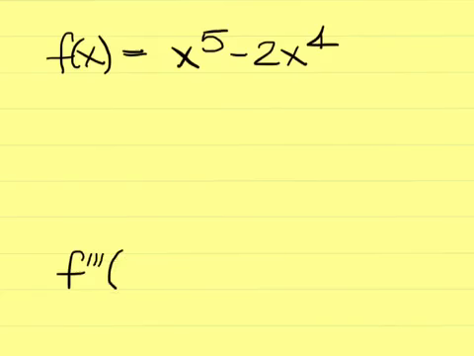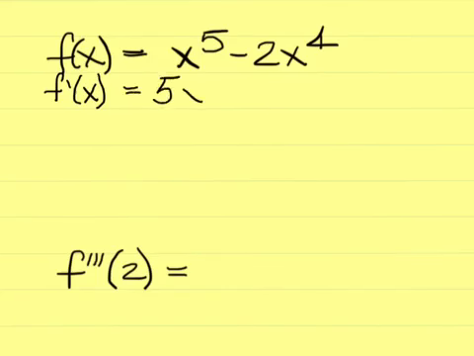The function is f of x equals x to the 5th minus 2x to the 4th, and you need to evaluate the third derivative for 2. The first derivative is going to be 5x to the 4th minus 8x to the 3rd.